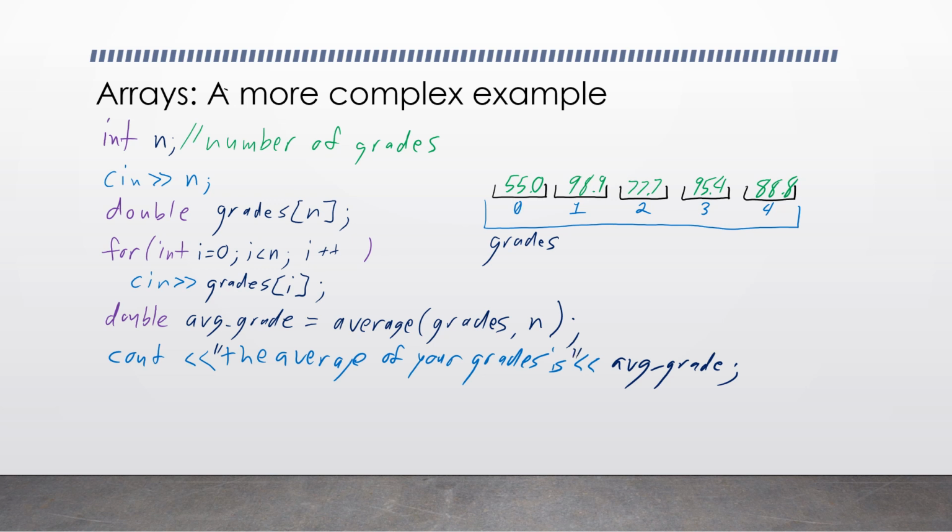Okay. So you see here a few powerful features of arrays. We can define exactly how many need to be in the array during runtime as long as it doesn't change. We can access those elements one at a time using indexes. We can pass the entire array to an averaging function later on in the program. So some fun things you can do with arrays.